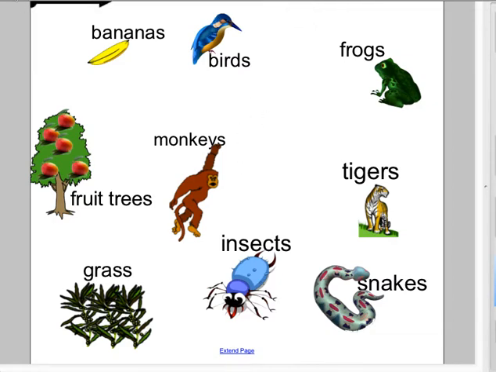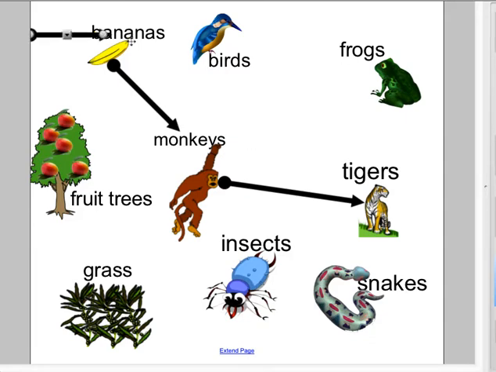So I'm going to use arrows to do that, and I'm always going to make sure that the arrow points in the direction the energy is flowing. For example, the monkeys get energy from the bananas, right? So the energy is going to the monkeys. The monkey is probably getting eaten by the tiger, so the energy is then flowing from the monkey to the tiger. What eats the grass? The grass gets eaten by the insects, so the energy is flowing to the insects.